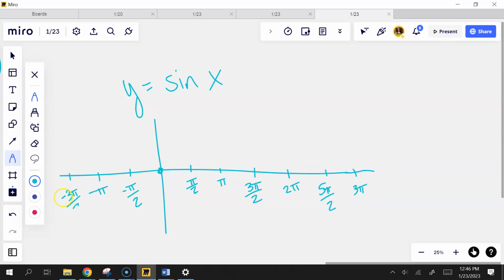Are y'all confused about the half pis? All right. And I go up to 1 and down to -1, and I never go above or below those values.